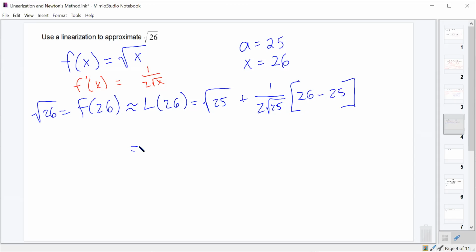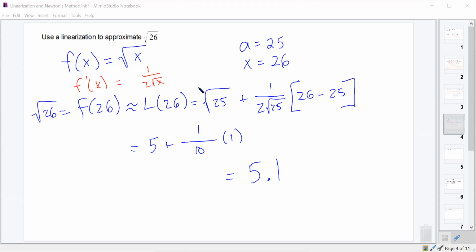Good. So square root of 25 is 5, plus 1 over 2 root 25, that's 1 over 2 times 5, or 1/10, so we got 5 and 1/10, 5.1. And once again, it doesn't seem like it's a very good approximation. That's the kind of thing you'd make up if somebody said, what's the square root of 26? You'd be like, I don't know, about 5.1.